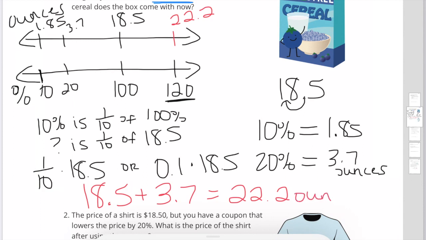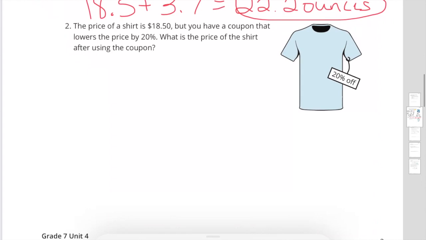22.2 ounces. Number 2. It says the price of a shirt is $18.50, but you have a coupon that lowers the price by 20%. So what is the difference in this problem and the last problem? We're still working with 20%, but now our 20% is lowering.